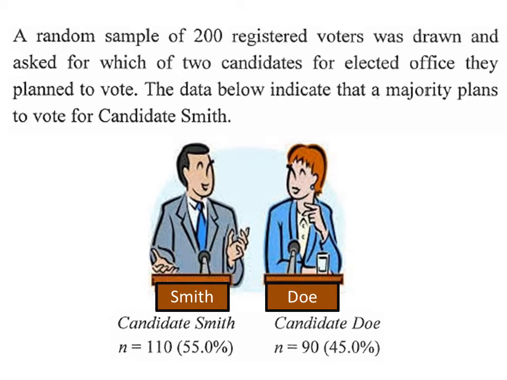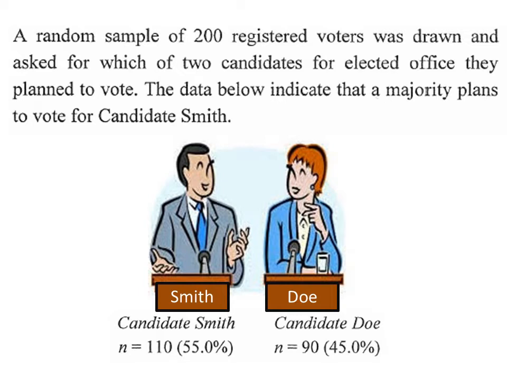A random sample of 200 registered voters was drawn, and they were asked which of the two candidates they plan to vote for. The data indicates that a majority plans to vote for candidate Smith.